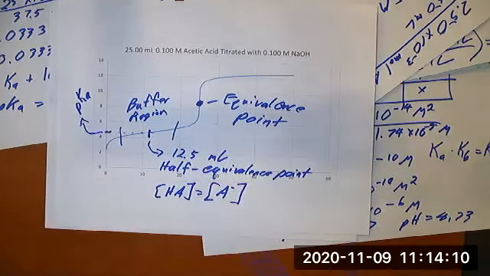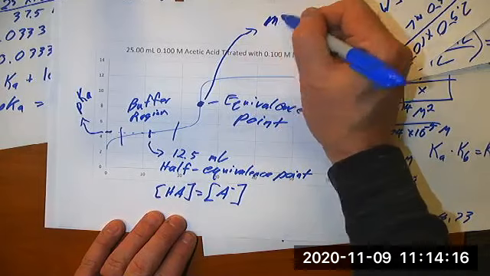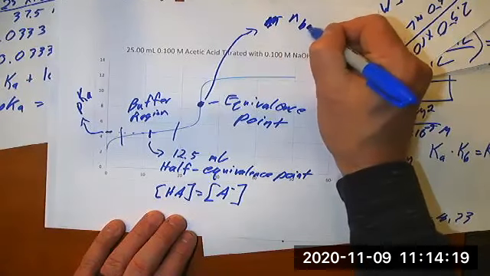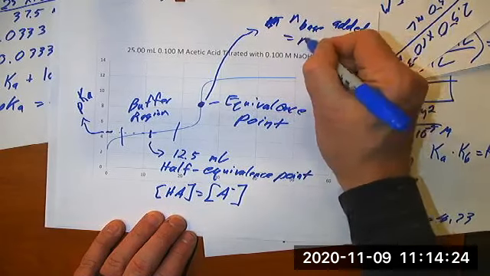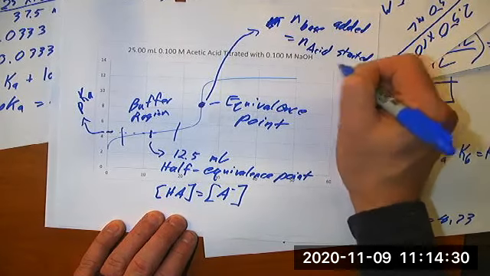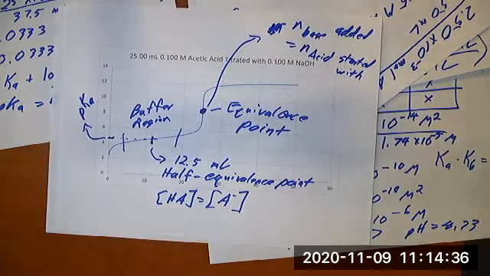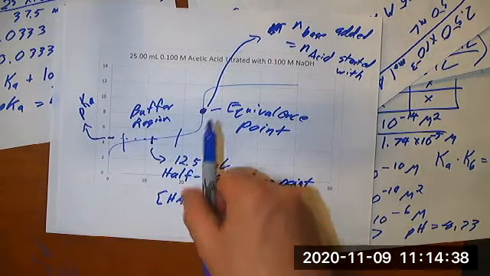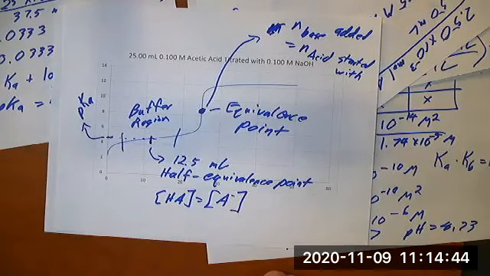The equivalence point is going to be the point where the moles of the base added is equal to the moles of the acid you started with. And so if you don't know the concentration to begin with, you run this experiment, find the equivalence point, and then that equivalence point tells you the number of moles that you had, and so you can just divide by the volume you started with, and that's your concentration.